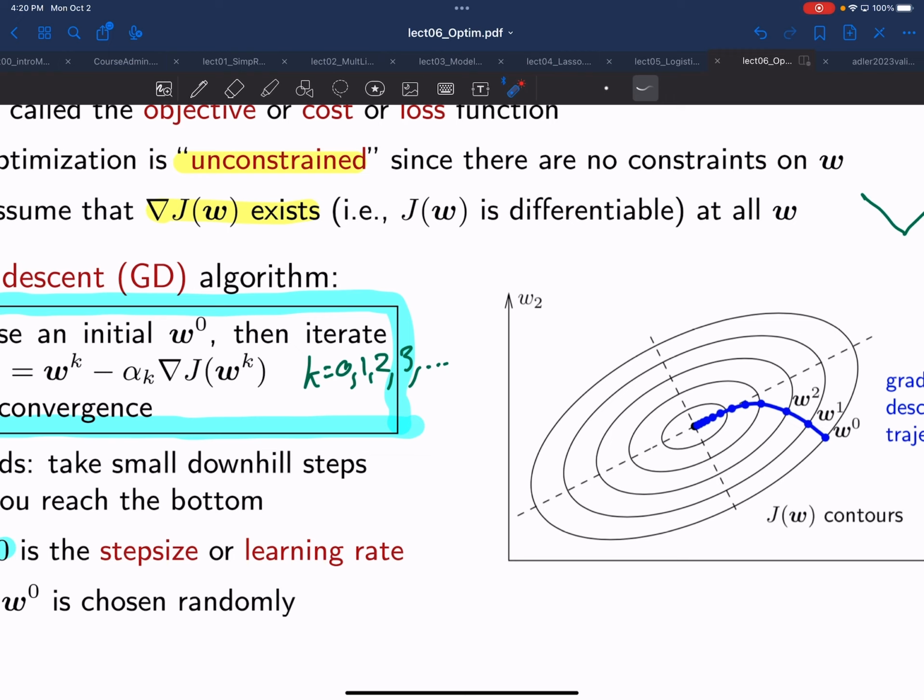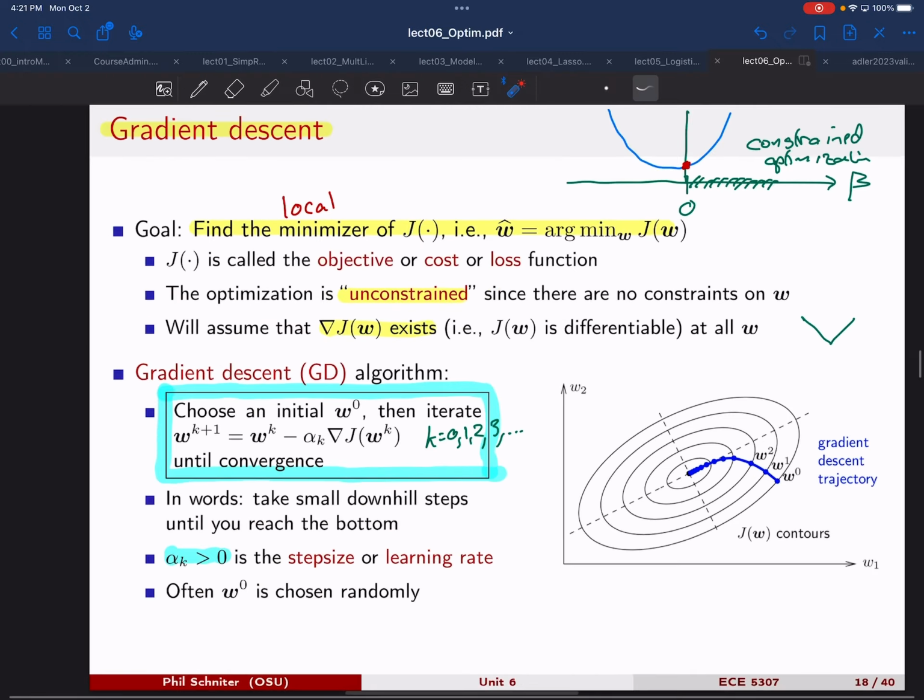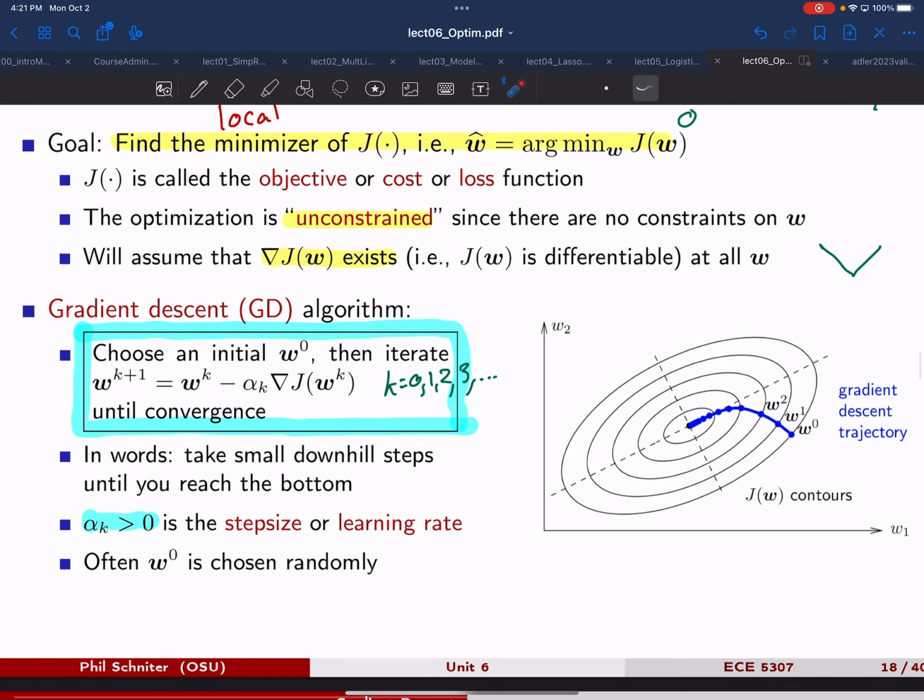The cost is getting flatter and flatter as you come towards the center. So even if you use the same step size at every iteration, the gradient itself is shrinking, so we're just taking smaller and smaller steps. So in words, the algorithm says take small downhill steps until you reach the bottom.